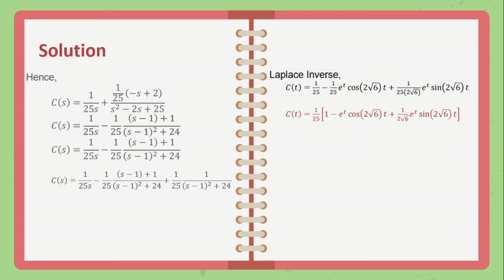C of t is equal to 1 over 25 times the quantity 1 minus e to the power of t cos 2 square root of 6t plus 1 over 2 square root of 6 e to the power of t sine 2 square root of 6 times t. And that's the answer for the unit step response function for number 4.